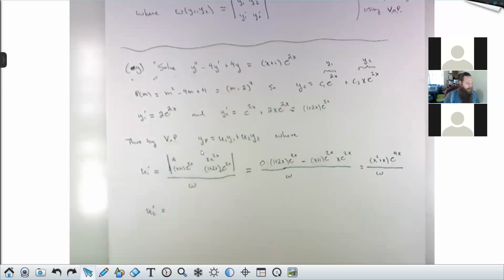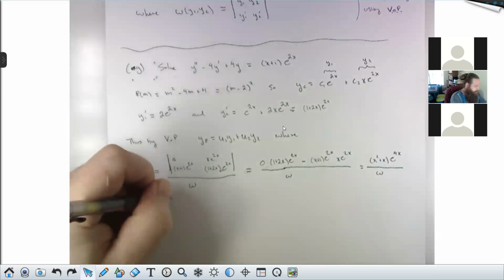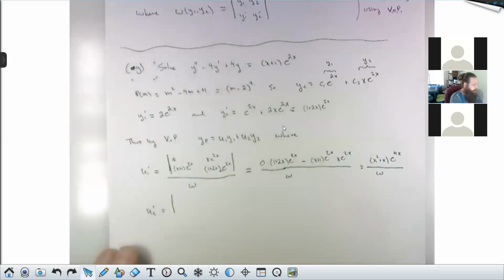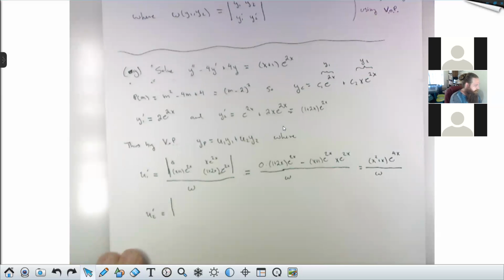Upstairs in u2 prime, I'm going to take the Wronskian matrix and swap the second column for 0, g of x. So I'll write it down here. The Wronskian matrix, first column is y1, y1 prime.